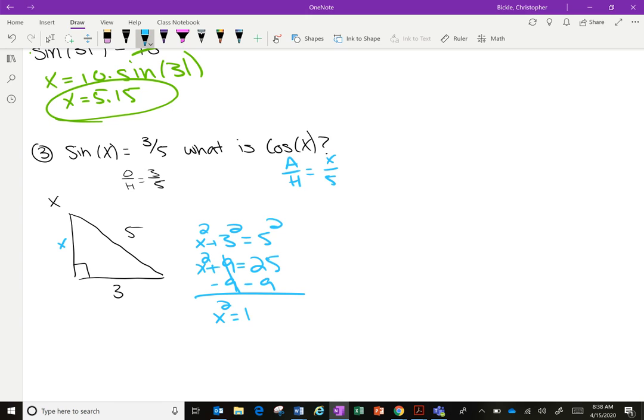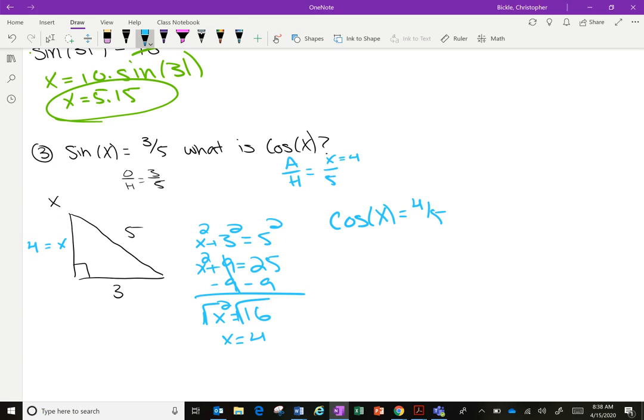That means x squared is equal to 16, and x is equal to 4. So we can solve for that missing side length. If they give you two sides of a right triangle, get the other one using Pythagorean theorem. Once I know x is equal to 4, that goes right there. The cosine of x has to be 4 over 5.